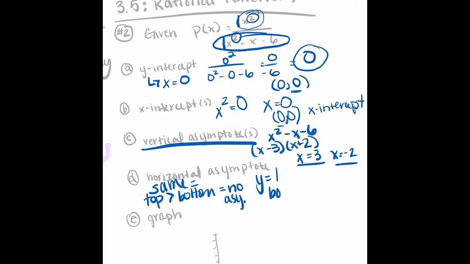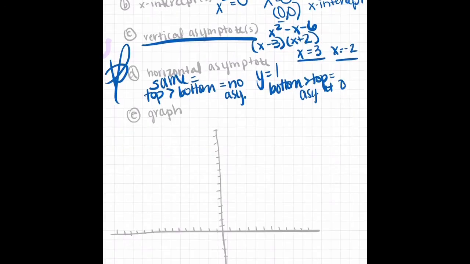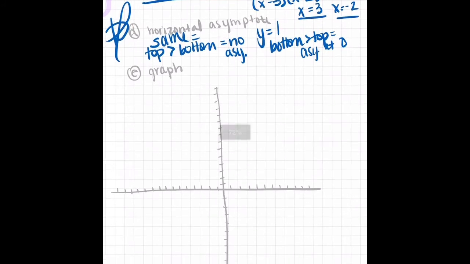But when the bottom is bigger than the top, there is an asymptote at 0. So key information there. I know it takes a bit because it doesn't exactly make sense, and you kind of have to remember it. So focus in on that.